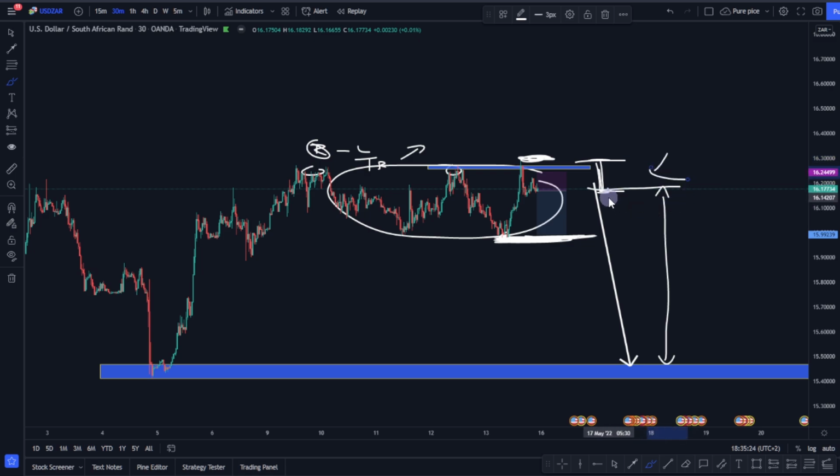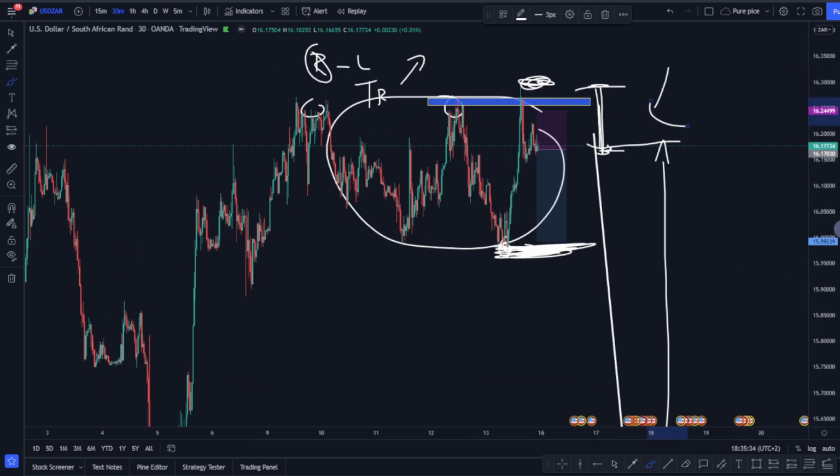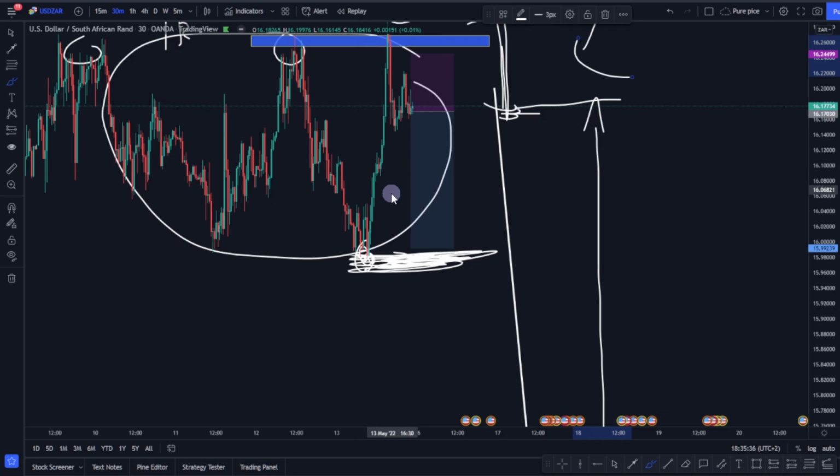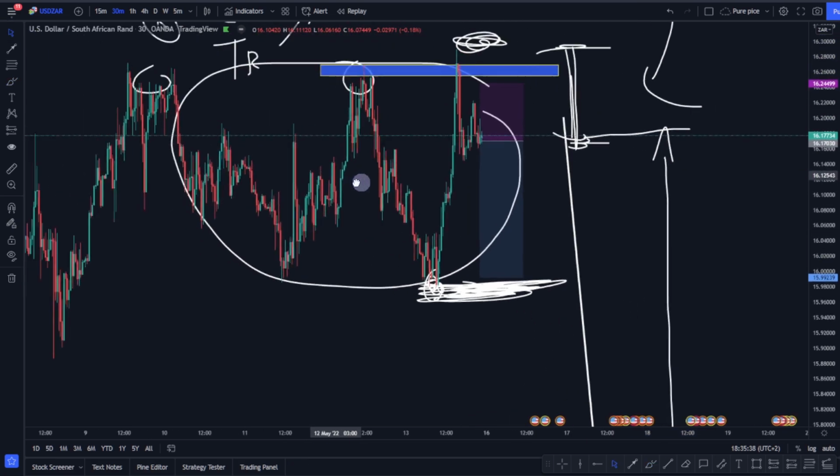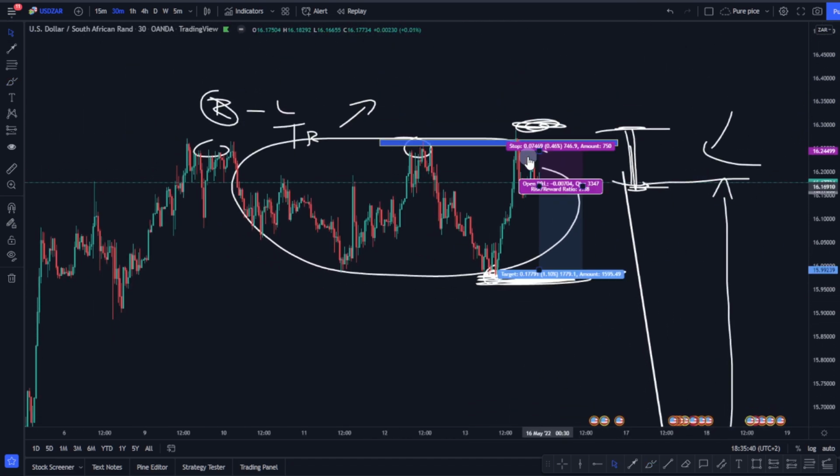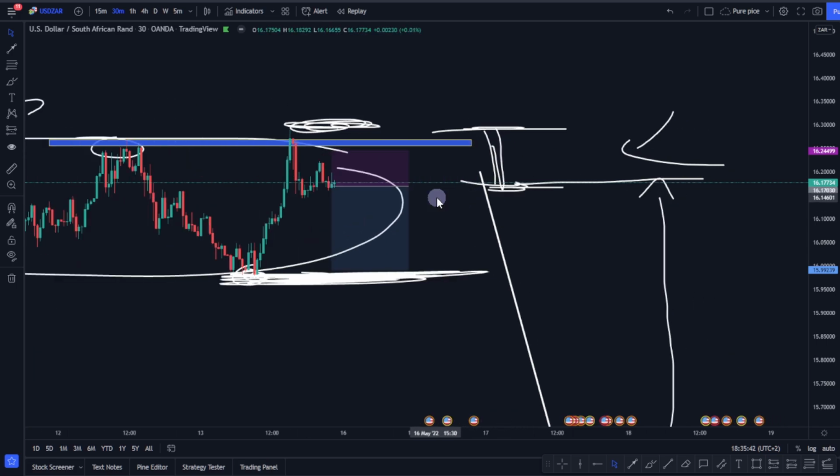So make sure that you always look at the bigger picture first, establish the conclusions of where the market is likely to go, and then when you go to your smaller time frames, make sure that they give you a good entry point and maybe a stop loss level.